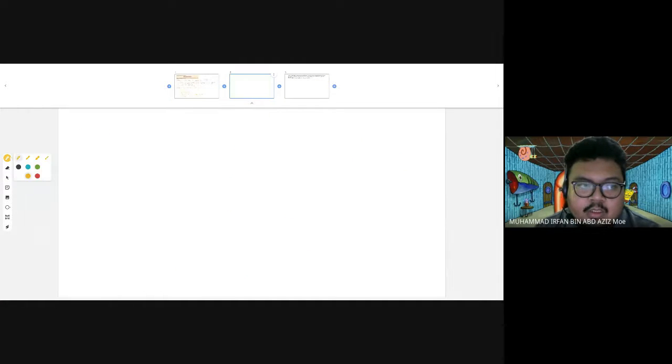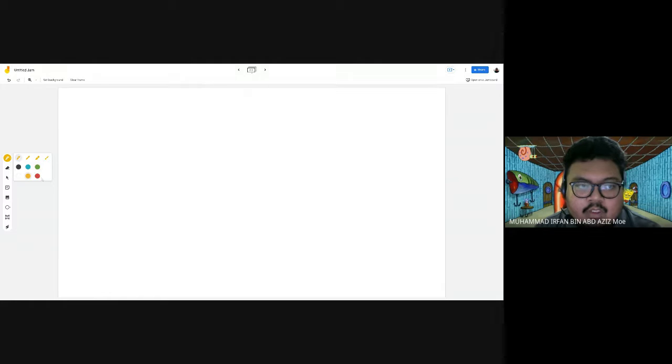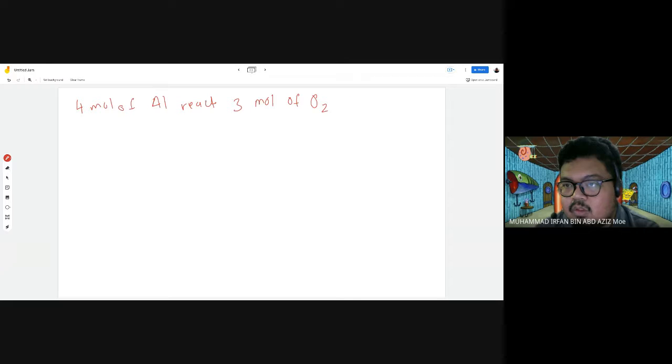Okay, tadi tu based on that chemical equation tu, the first yang base punya 4 mole of aluminium react with 3 mole of oxygen to produce 2 mole of Al2O3.